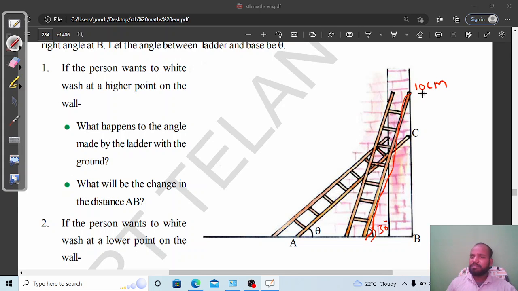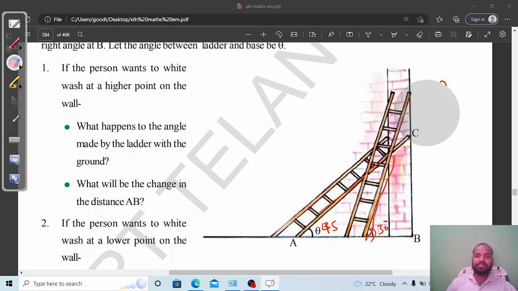If the angle is 45 degrees, the height is up to 7 centimeters. So when the slope is increasing, the height is decreasing. Yes or no? You can observe this. With the same ladder, the ladder length is the same, but the angle of elevation is different here. Yes or no? So we will go with this text once.